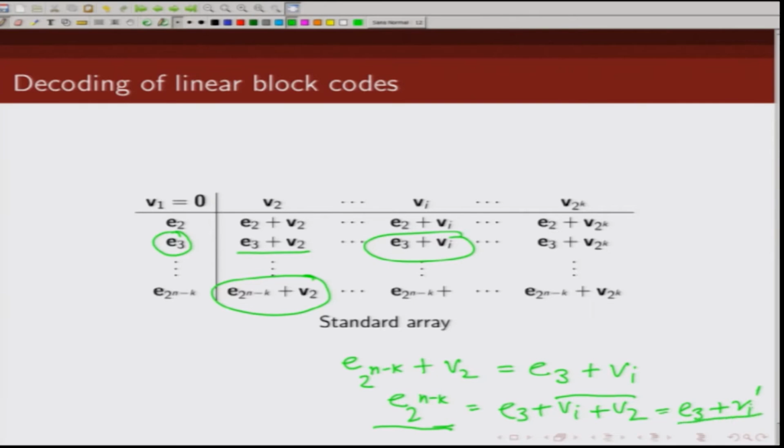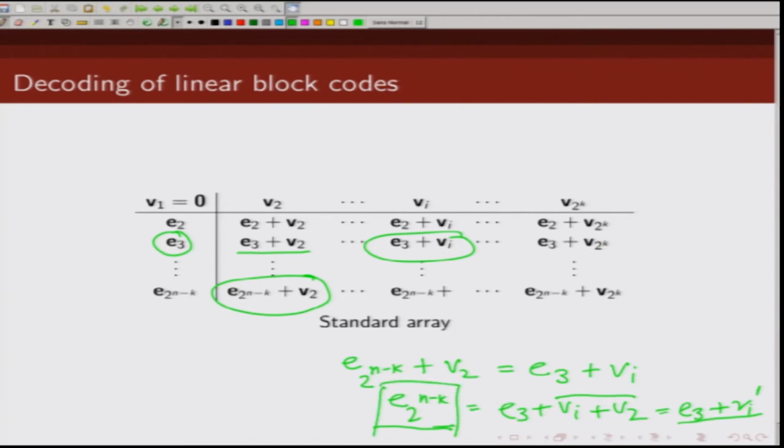Now, e3 plus vi hat should be in the row containing e3. How do we find the entries in the row containing e3? We add all code words to e3 and that is what these entries are. So, e3 plus vi hat should have been some entry here. What does that mean? That means we made a mistake in selecting this error pattern.